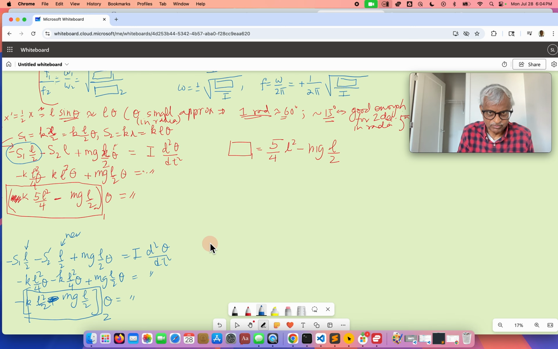So box 1 divided by box 2 equals, k, forgot k here, k L square over 2 minus mg L over 2.